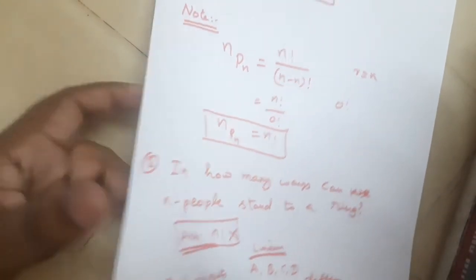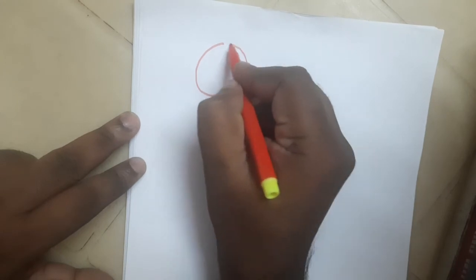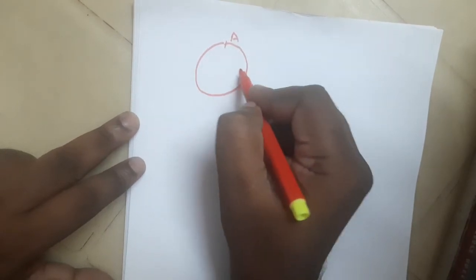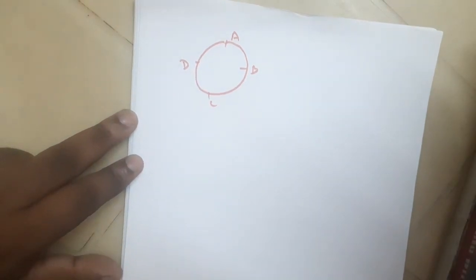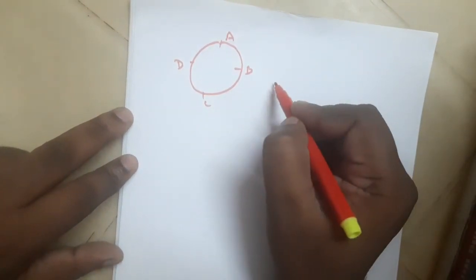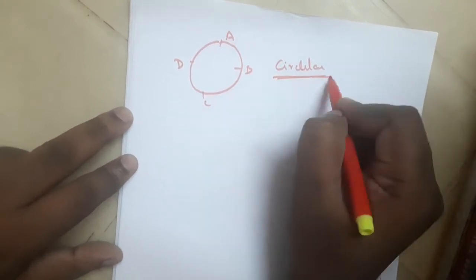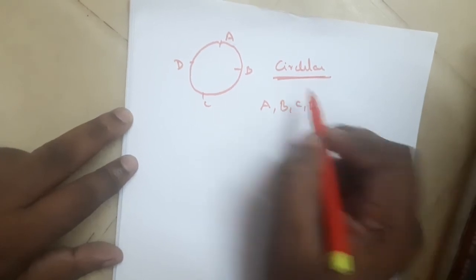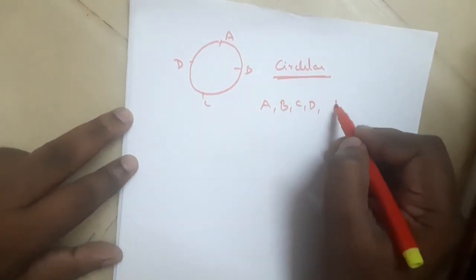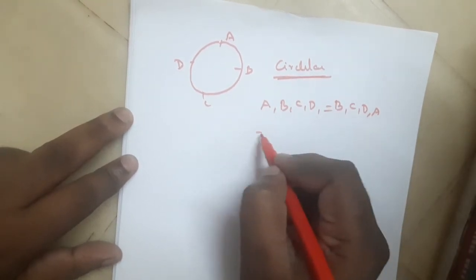But in circular arrangement, with first position, second position, third position, fourth position, A, B, C, D and B, C, D, A are equal.